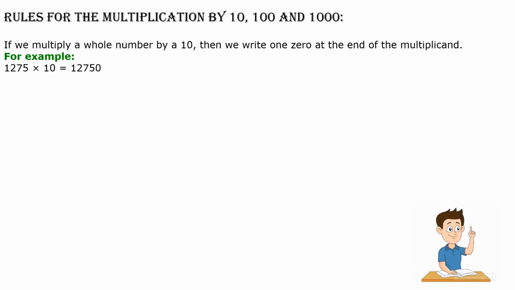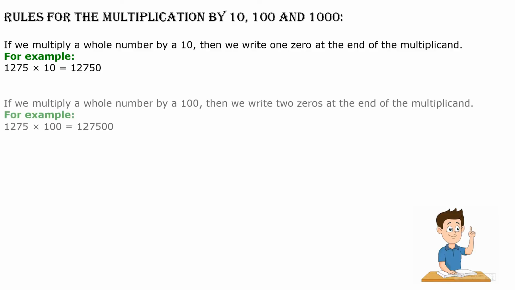So for example, if I am supposed to multiply 1275 into 10, I will simply add a 0 towards the end of the multiplicand, that is 12750, which gives me 12,750. Isn't it easy? Let's proceed.